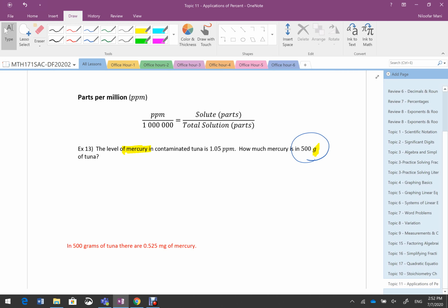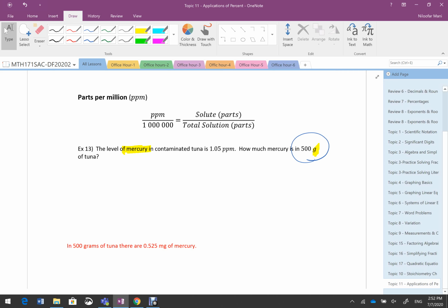The total part must be very large, so I consider it as 1 million instead of 100, for example. So part over total on one side, and on the other side part per million over 1 million. So I'm not talking about 100 here. I'm considering the total as million.